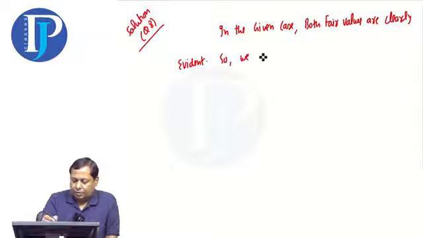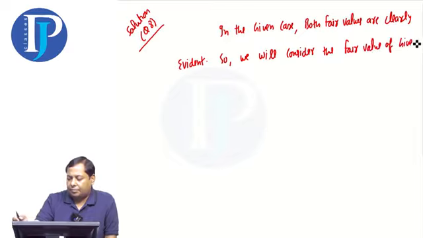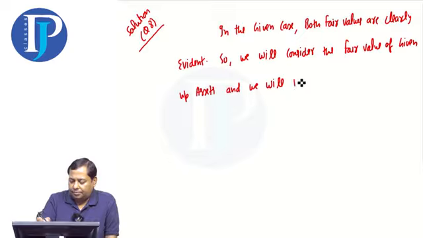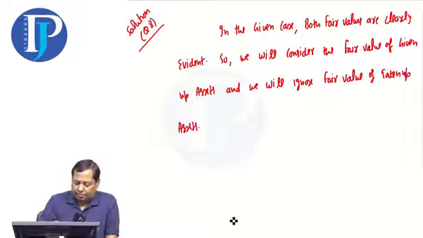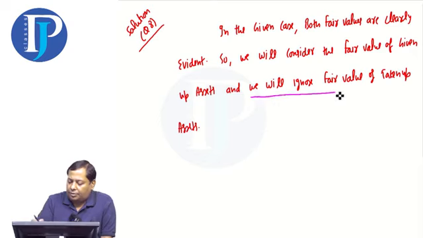So we will consider the fair value of given up assets and we will ignore the fair value of taken up assets. You need to pass a journal entry.